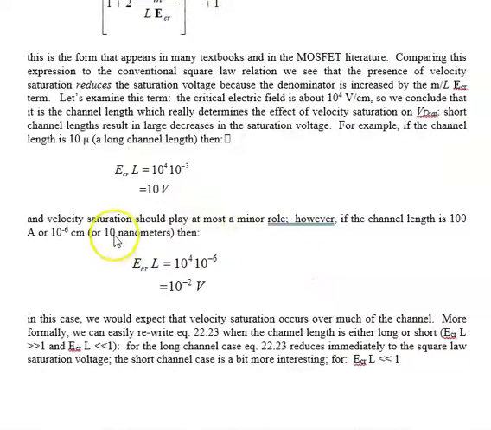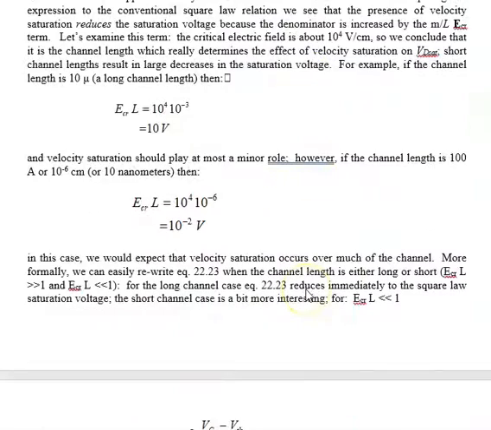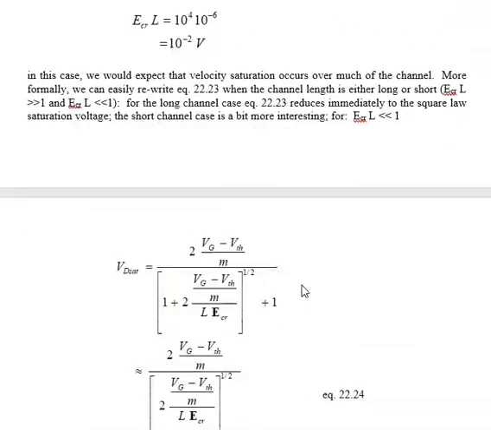However, if we have 100 angstrom or 10 nanometers, this comes out to be 10 to the minus 2 volts. So I'm putting 10 to the minus 2 volts for this term here. This term dominates very dramatically, and we can no longer assume that VD sat is equal to the conventional term. In fact, it's going to be much different than the conventional term.